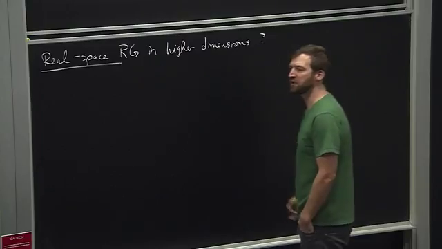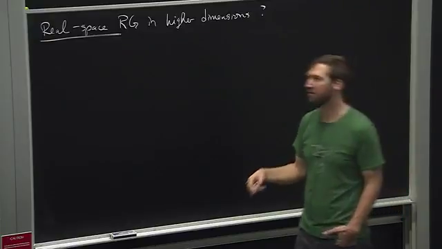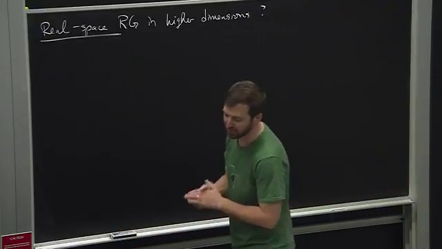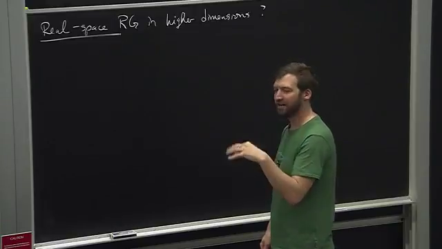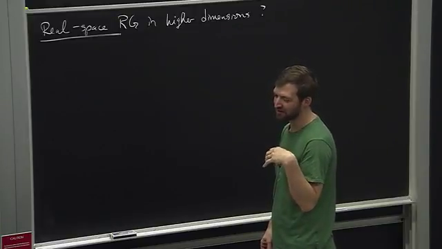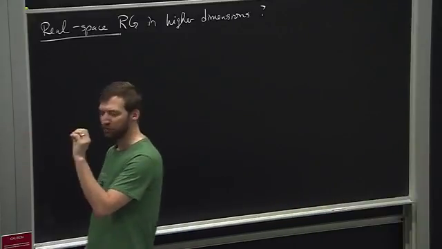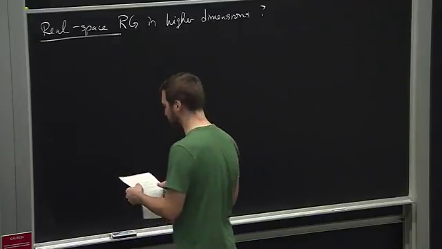So let's imagine doing the same procedure, but instead of a 1D Hamiltonian, let's think of a 2D Hamiltonian. And I could try it, but let me just tell you what happens. It doesn't work. These block decimation pictures in real space, there's a reason why they don't work in higher dimensions.